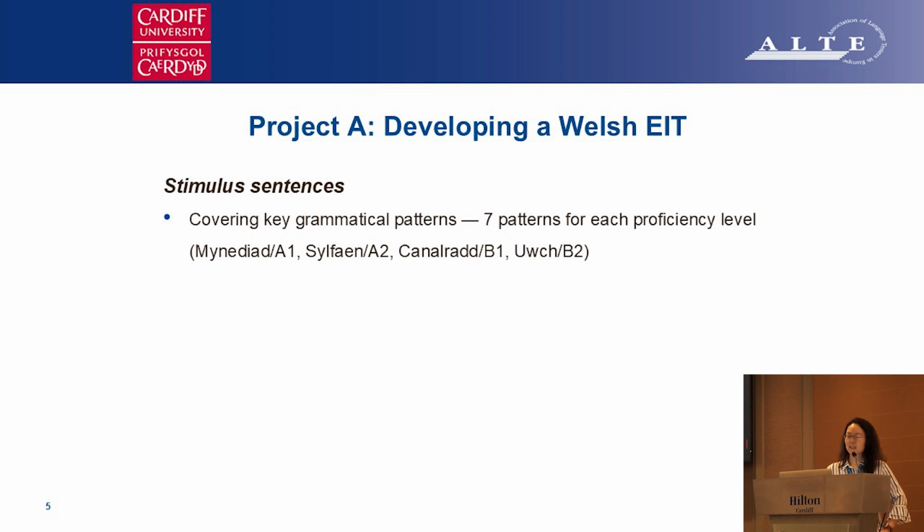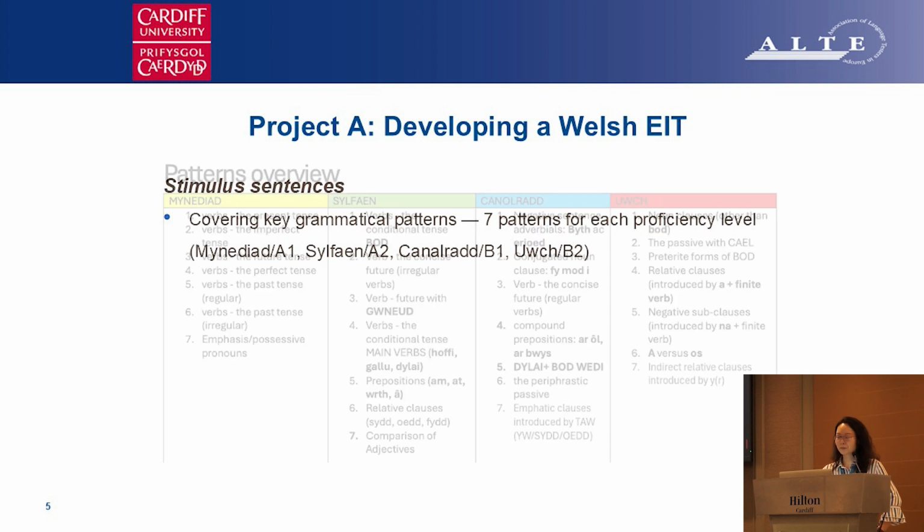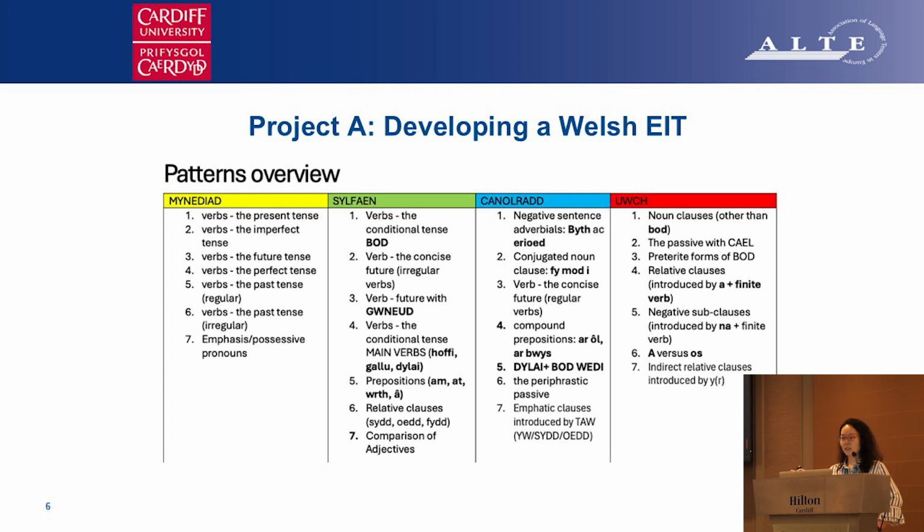The stimulus sentences that we have created cover all the key grammatical structures. We target grammar in this initial version of the test. There will be 7 key patterns for each proficiency level, and this is a summary of the different key grammatical patterns for each level.